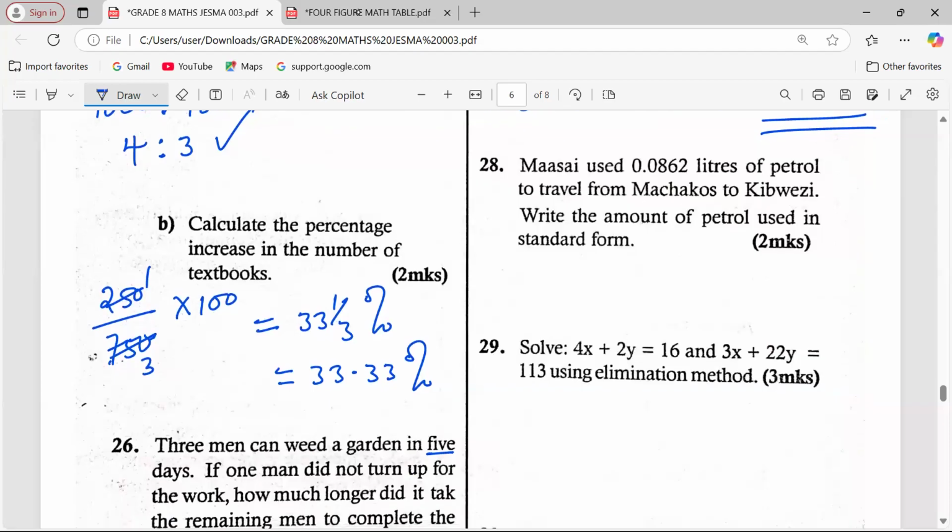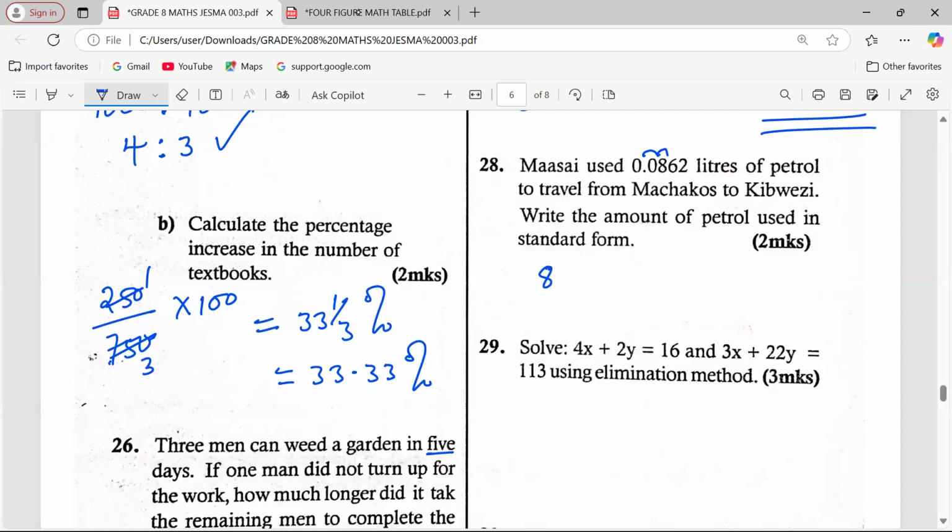Looking at number 28, the question talks about Masai used 0.0862 liters of petrol to travel from Machakos to Kibwezi. Write the amount of petrol used in standard form. So to write in standard form means we have to begin with a significant figure and only 1 digit on the right-hand side. So we have 1, 2. We have moved 2 times.